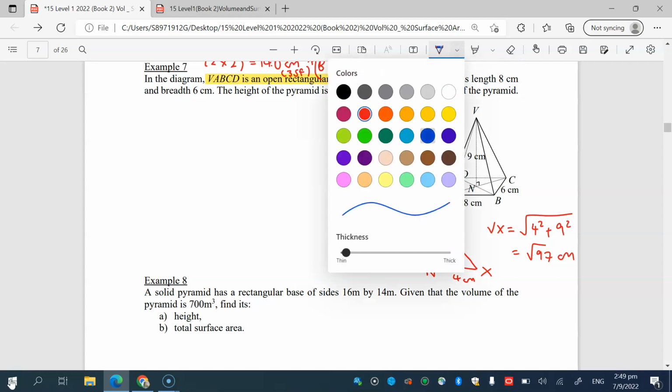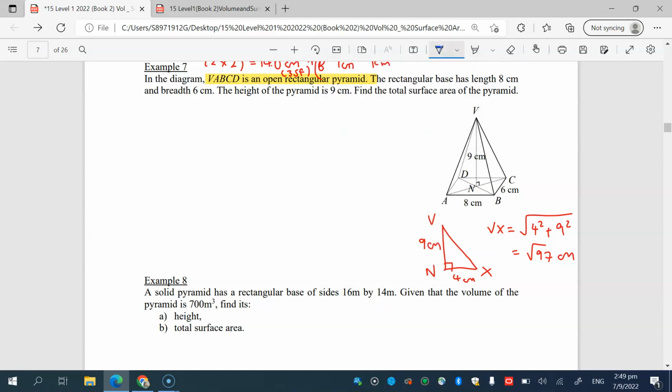For that, I need to find the height over here as well. So let's call this point Y. This point here Y. Okay, then I need you to visualize like that. So if I were to draw this triangle, it is V and Y over here, where Y is over here.